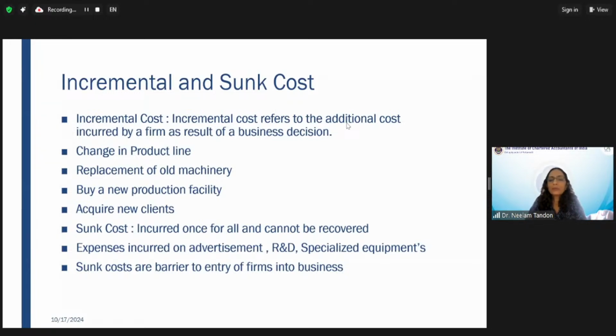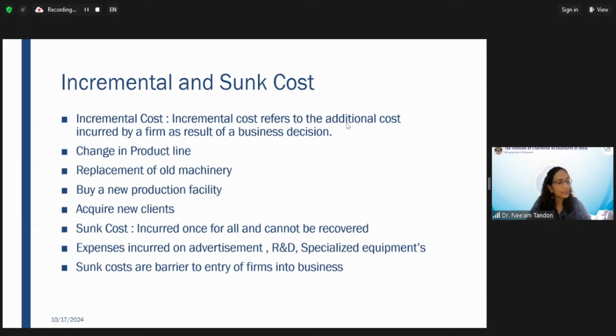People do not accept it. The cost which you have incurred on R&D to design that bottle is a sunk cost, जो आप कभी recover नहीं कर पाते. Until unless you renovate or innovate on the existing product, या कुछ आप innovation कीजिए, या फिर आप भूल जाइए. So that is sunk cost. Okay, so difference between incremental cost and sunk cost is clear.